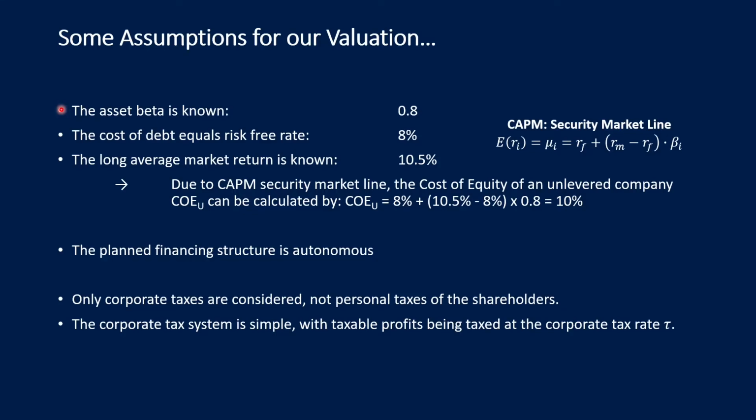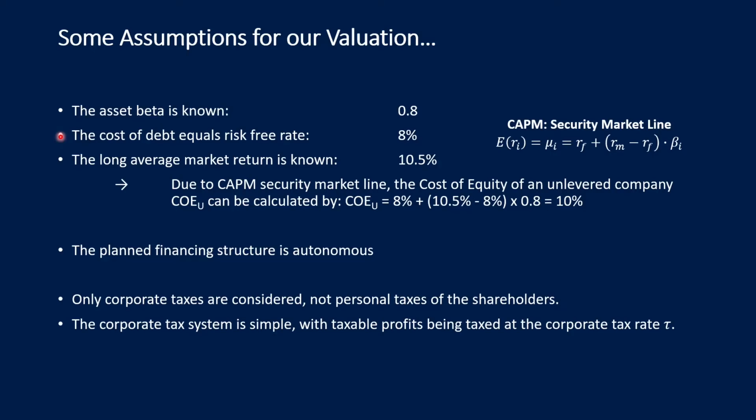This is quite realistic because if we derive the beta from a peer group, the peer group equity betas are determined and they have to be unlevered, and then an arithmetic mean can be taken. Accordingly, you will have a peer group asset beta because all the betas have to be relevered. The beta here is assumed to be 0.8.